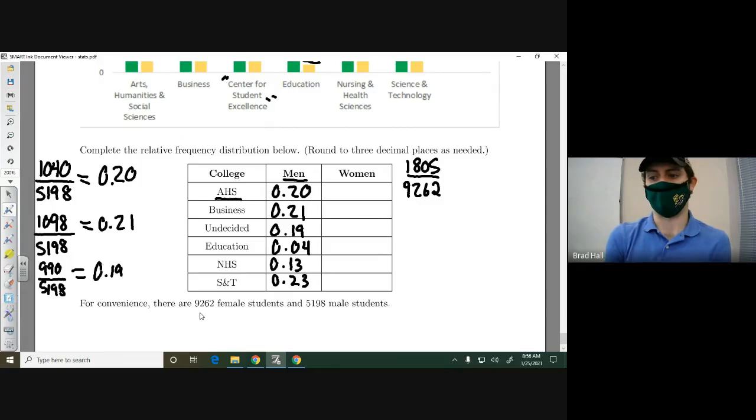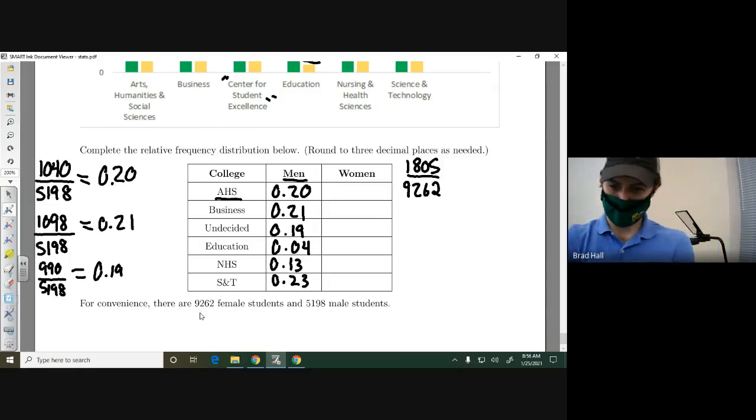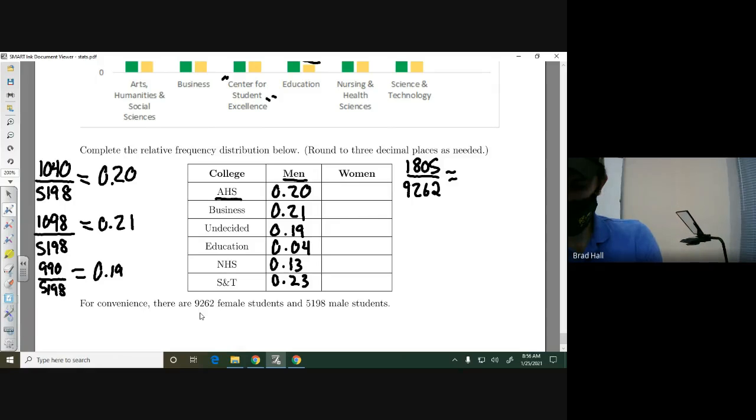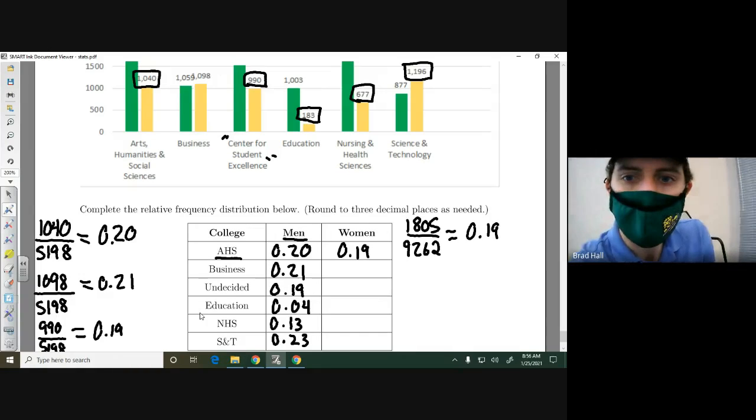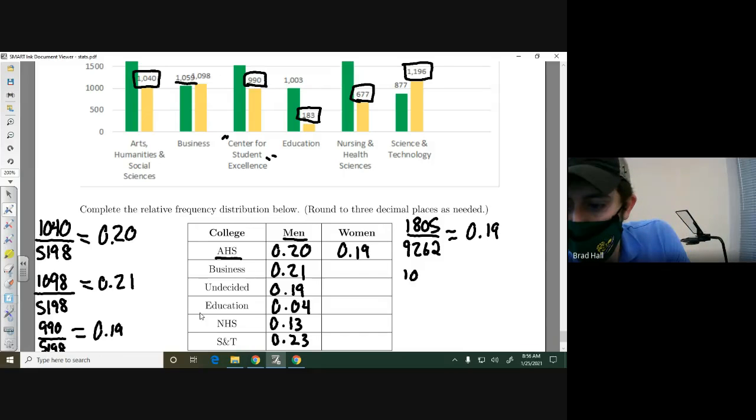So there's a new number we have to divide by. So 0.19. And we just keep going for each one. Next one seems to be 1059 over 9262.